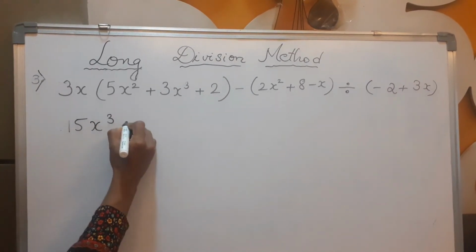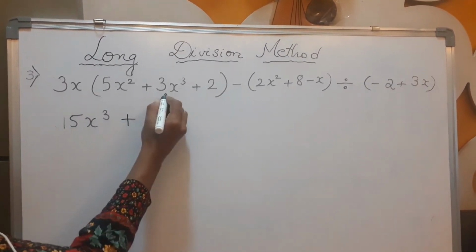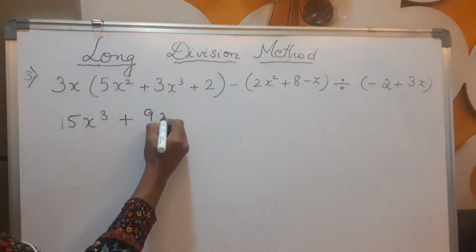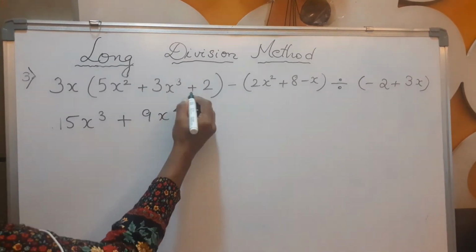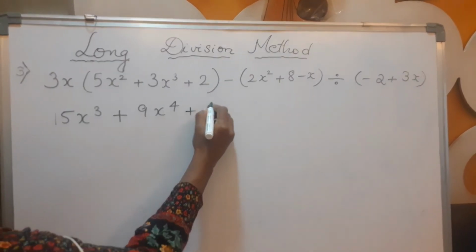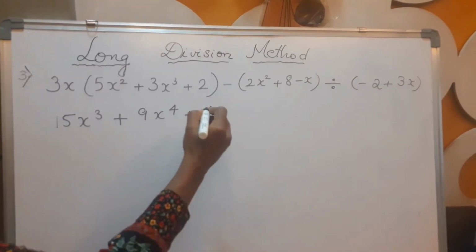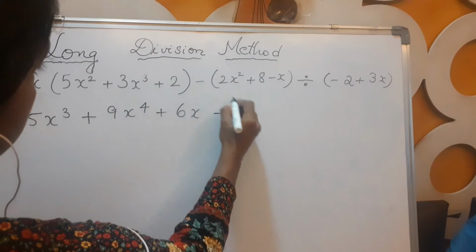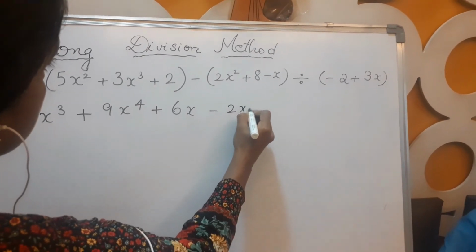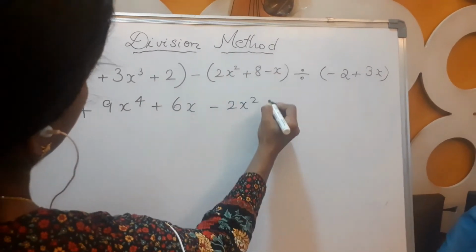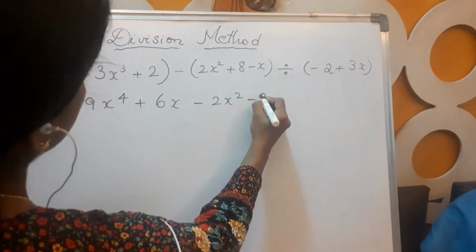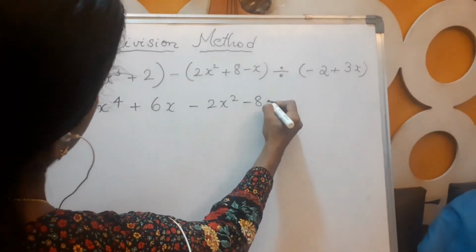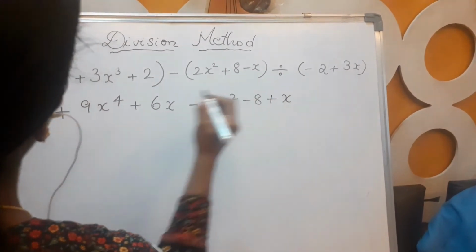15x cube plus 3x into 3x cube, that is 9x raised to 4 plus 2 into 3x will give you 6x. Now this is minus, this minus you have to take it inside. So this becomes minus 2x square, minus into plus 8 is minus 8, minus into minus x is plus x. Alright.